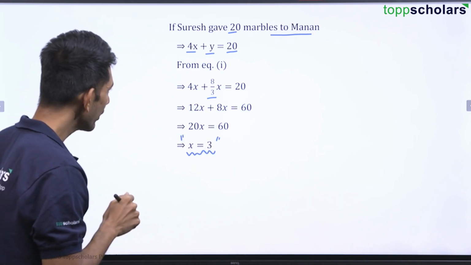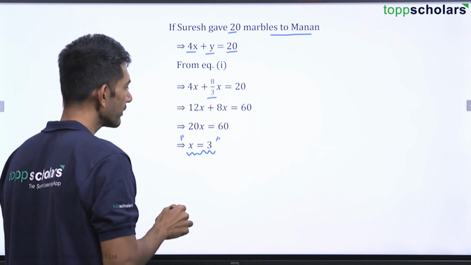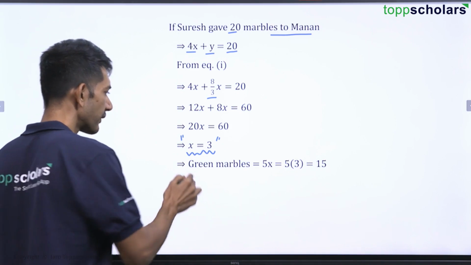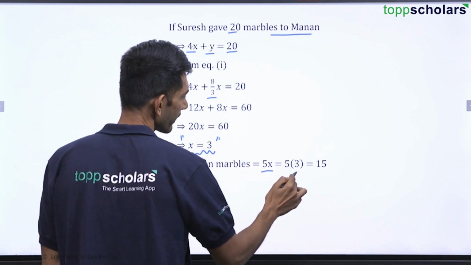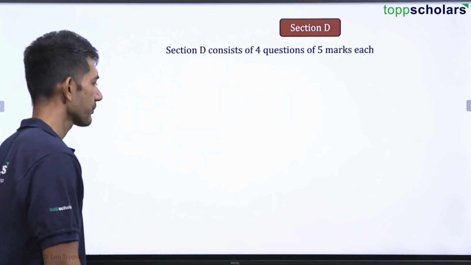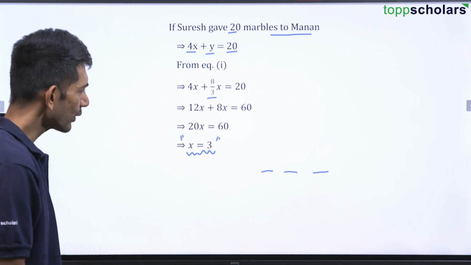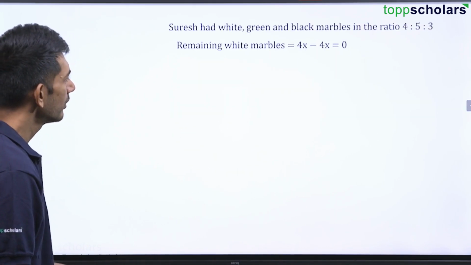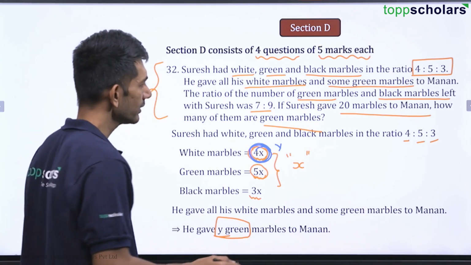Now once I get the value of x as 3, I can easily put it in the previous equation, or I can find out the green marbles first, that is 5x, which is 5 into 3, that is 15. Okay, that was the question. We just had to find out the green marbles, so that is more than enough, right? You can see the question here.